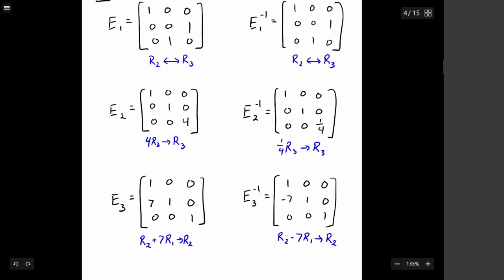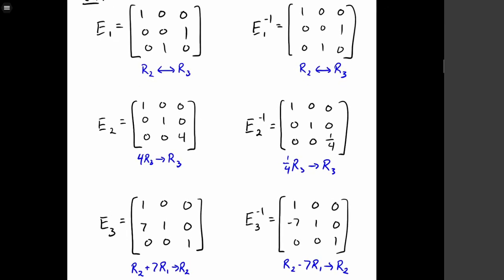If you're unconvinced of any of these, maybe it's a good idea to try this anyway, just to show yourself that our reasoning is fine. Multiply these pairs of matrices, so E1 and E1 inverse, E2 and E2 inverse, E3 and E3 inverse, and you can really see that these actually are inverses of each other. Now that we know how to invert elementary matrices, in the next video we'll talk about why we really want to do that.